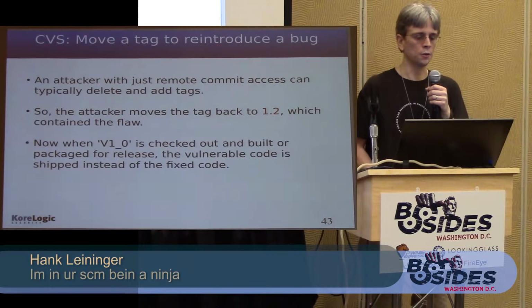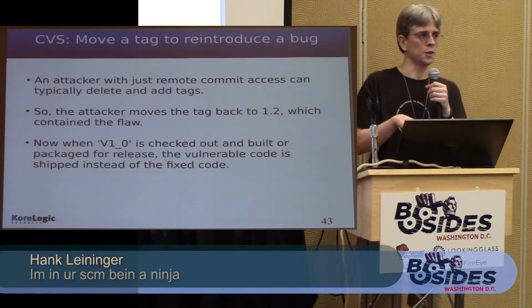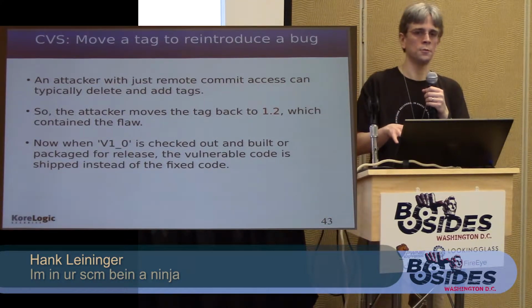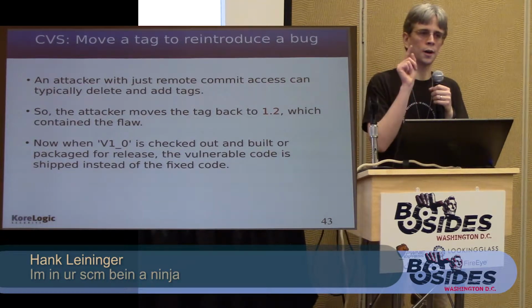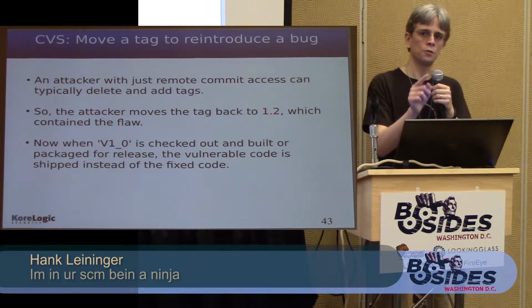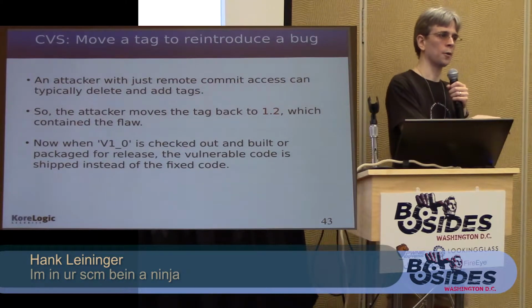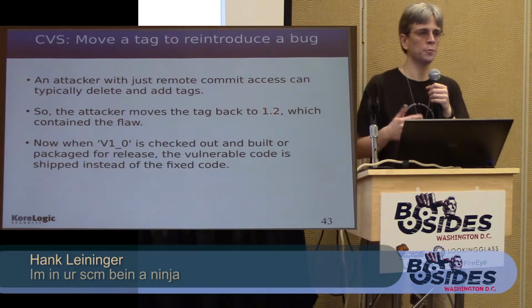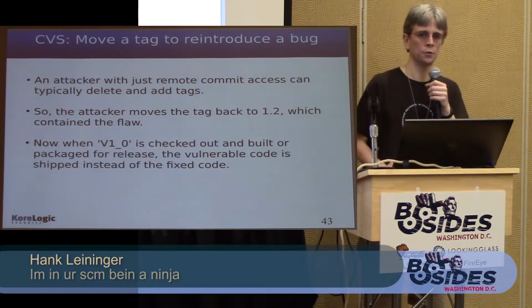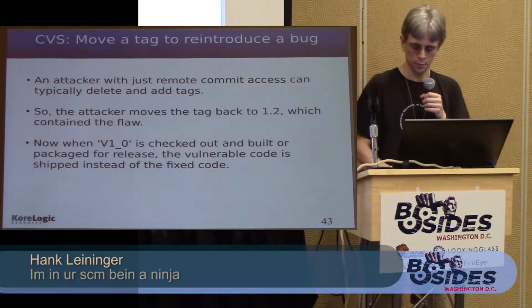So the attacker who's in this development community can watch the code base as it's evolving, says, that was an exploitable bug, I want that to ship. So the attacker moves the tag backwards to point back to the previous revision. Now, the next time somebody checks out version 1_0 tag, they're going to get the buggy version.